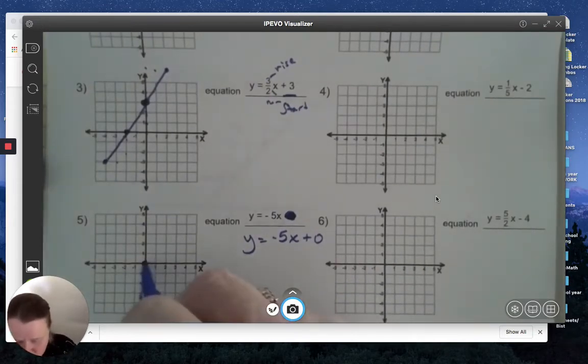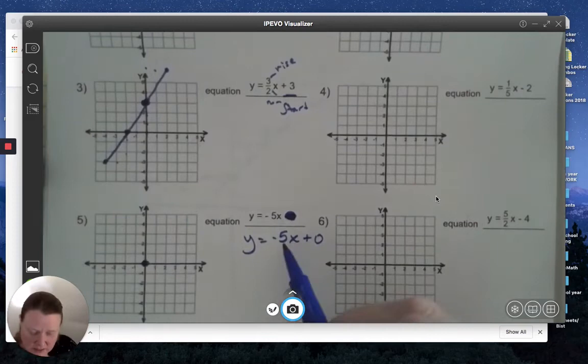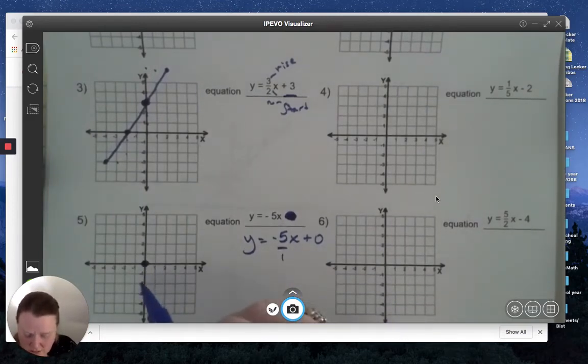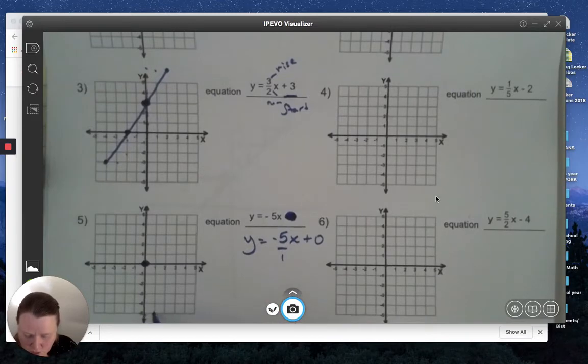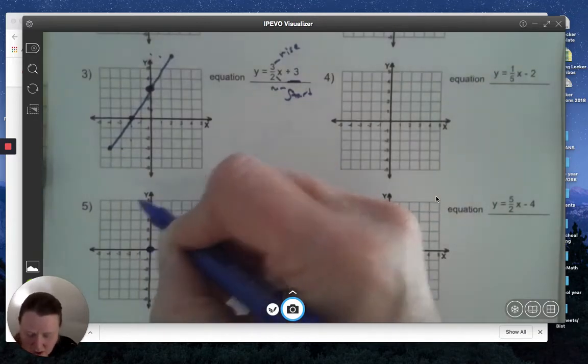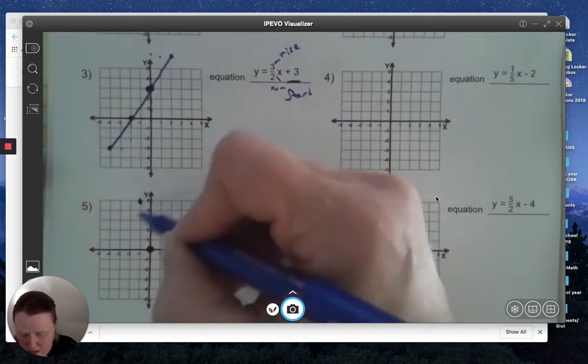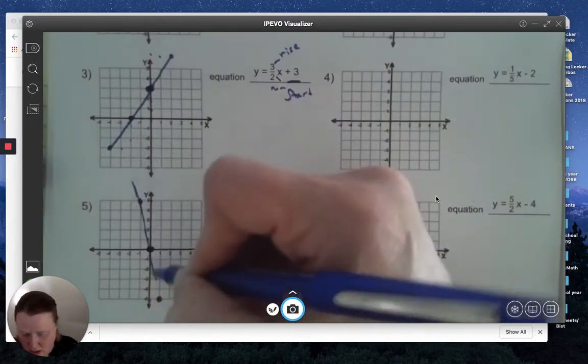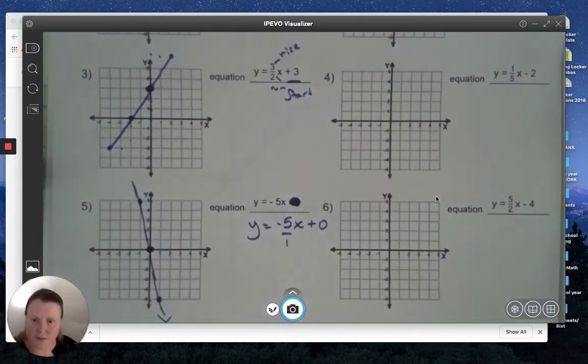So we're going to have one that starts right here at the origin, and we're going to take it down 5 and over 1. So down 5 and forwards 1, because remember the 1 is positive and positive directions go in the forward direction. And if I needed to do it again, it would be up 5 and backwards 1, so that I could get the negative slant going on my graph.